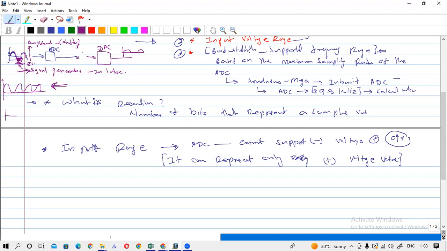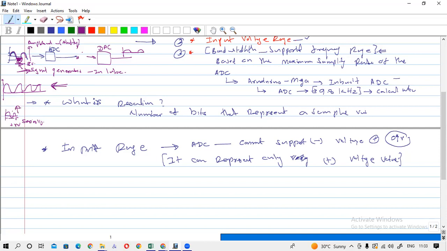If you have this kind of signal, let's say this is 5 volt. If you connect a 5 volt source to the signal serially, you can shift this up.